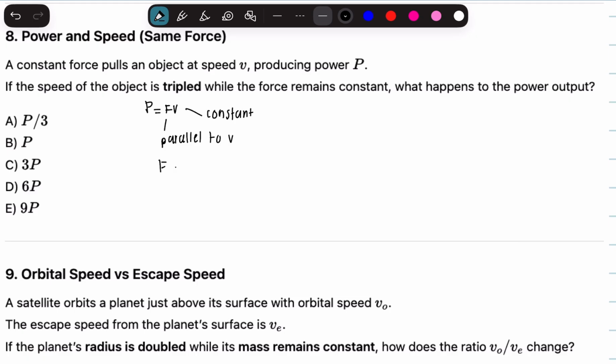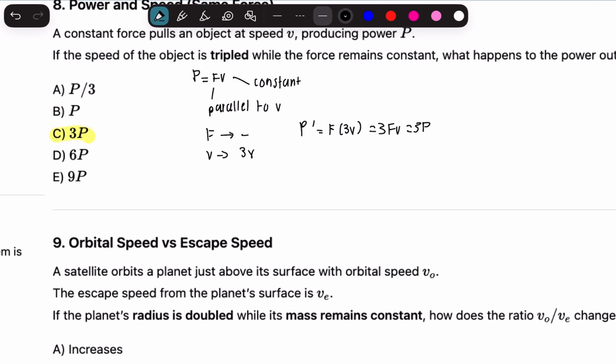So if F is constant and V is tripled, then we have P prime is equal to F times 3V, which is just 3FV, and that's just equal to 3 times the power. So that's going to be C.